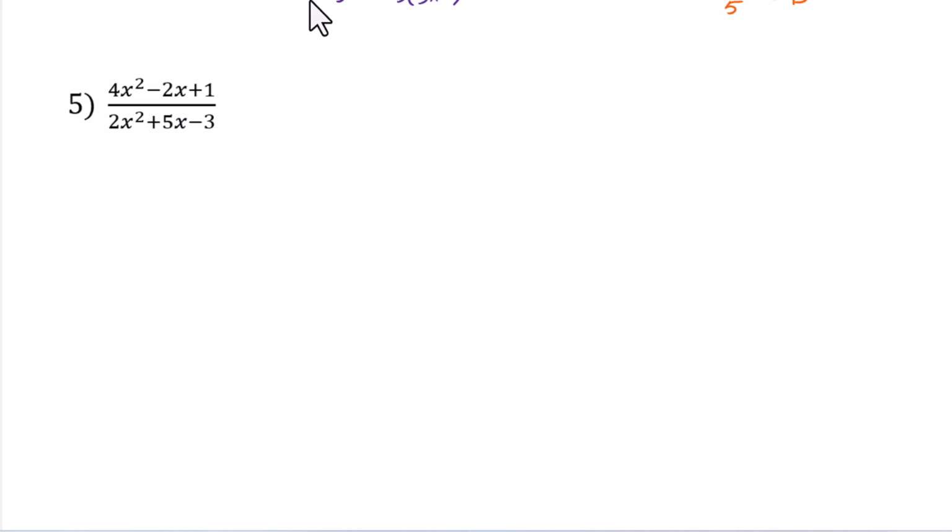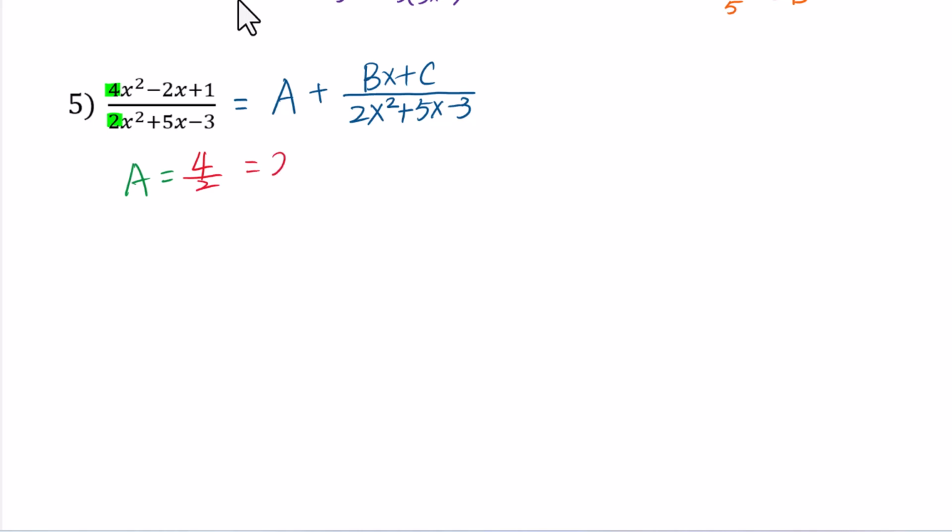Quadratic function over quadratic function equals a plus bx plus c over 2x squared plus 5x minus 3. a equals the quotient of the coefficients of x squared, which is 4 over 2, equals 2. Then LCD equals 2x squared plus 5x minus 3.